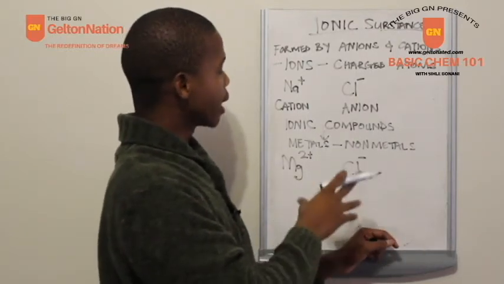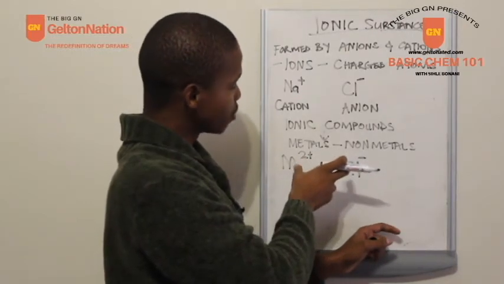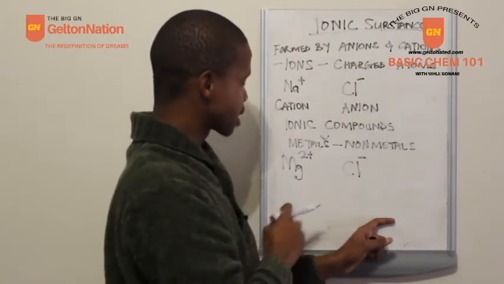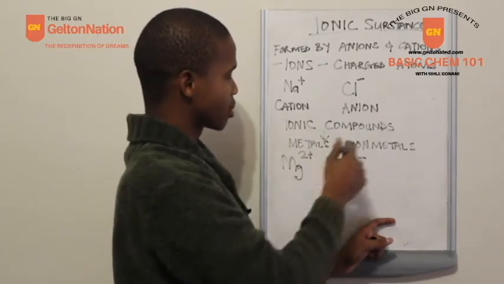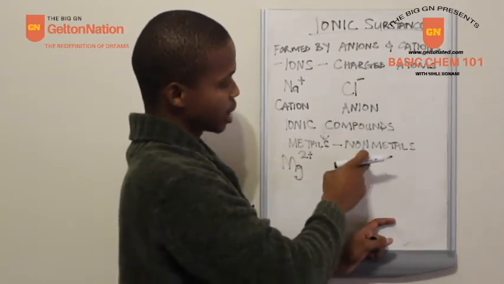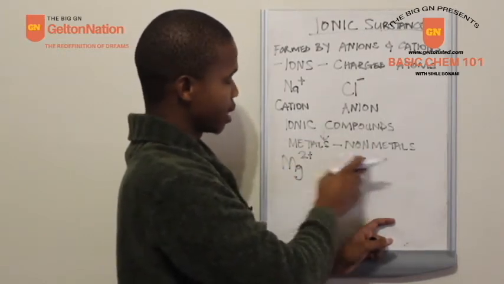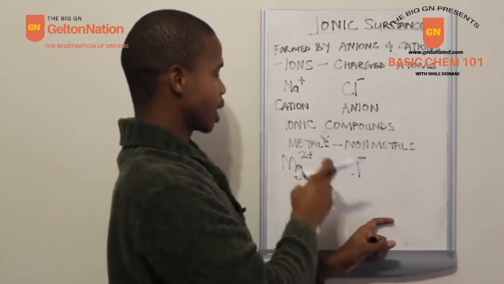Now, when you form a chemical formula for ionic substances, the main aim is for these charges to cancel each other out. Let's say if this is 2 plus, this has to be 2 minus, and then once they cancel each other out, they form a neutral substance.